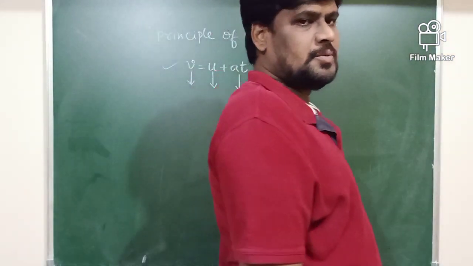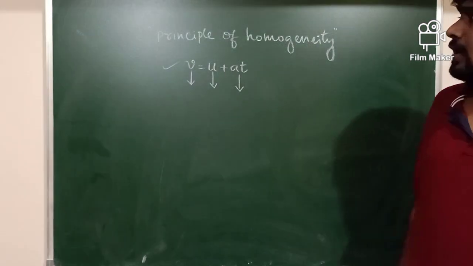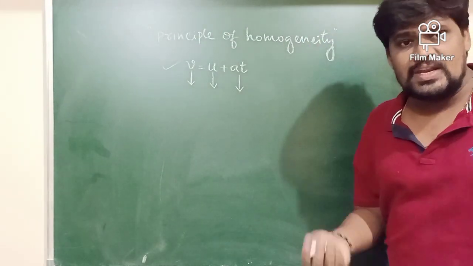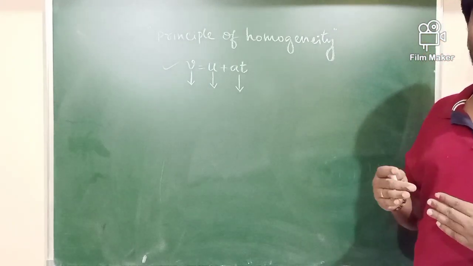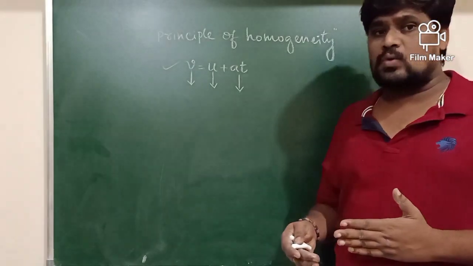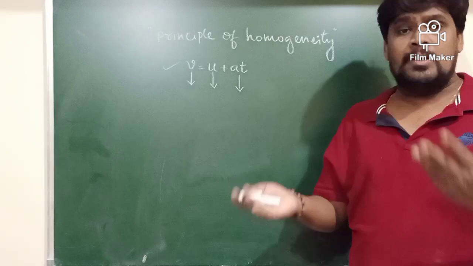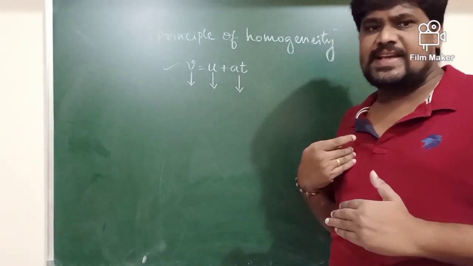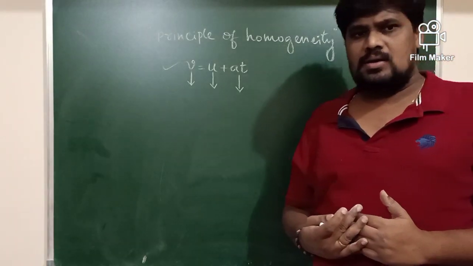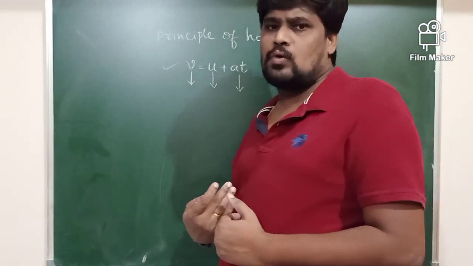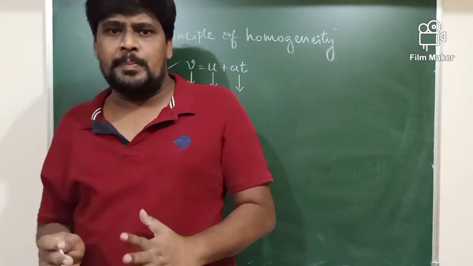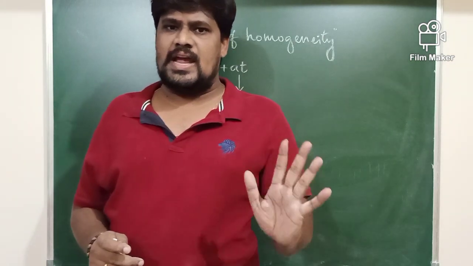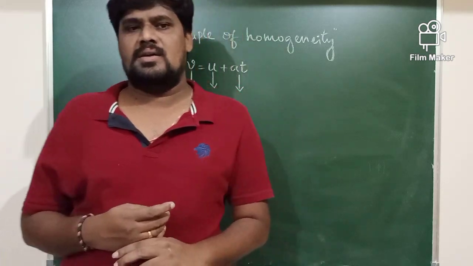So tell me, what is the principle of homogeneity? According to the principle of homogeneity, in a given equation, 2 or more physical quantities can be added, subtracted, or compared, provided they have the same dimensional formula.